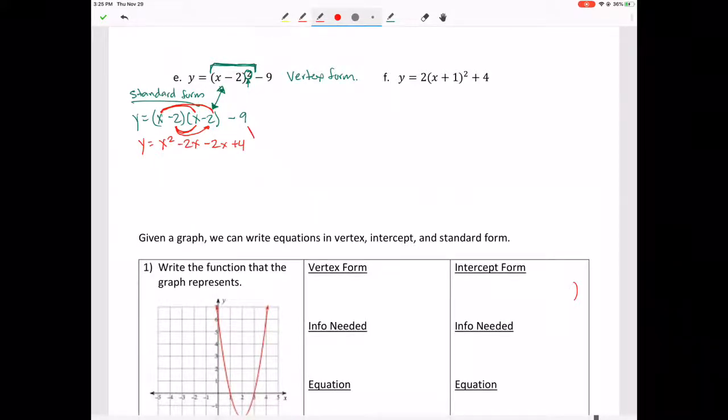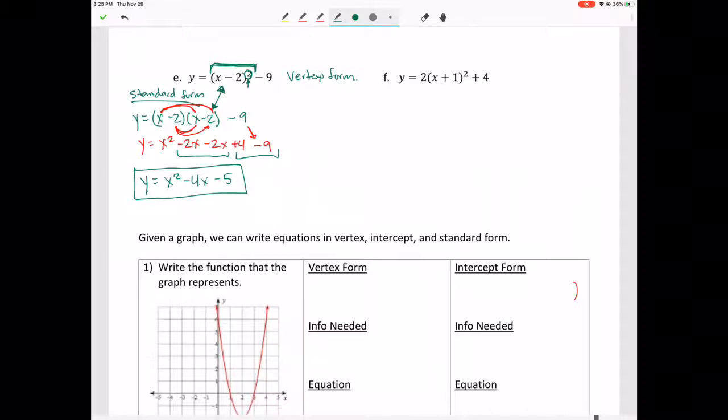And don't forget, we still have this minus 9. After that, we combine like terms. So here's two things that are like terms, and these are like terms. That gives us y equals x squared minus 4x minus 5.